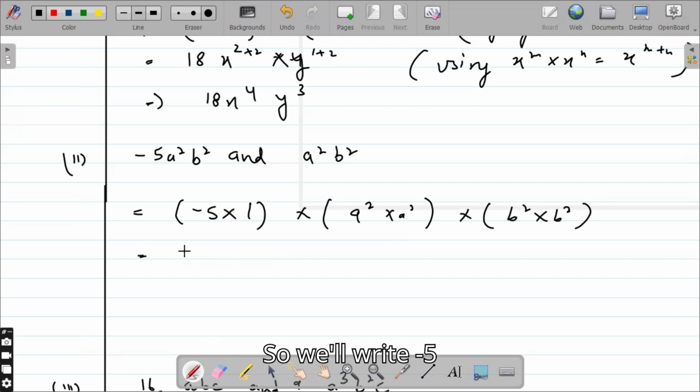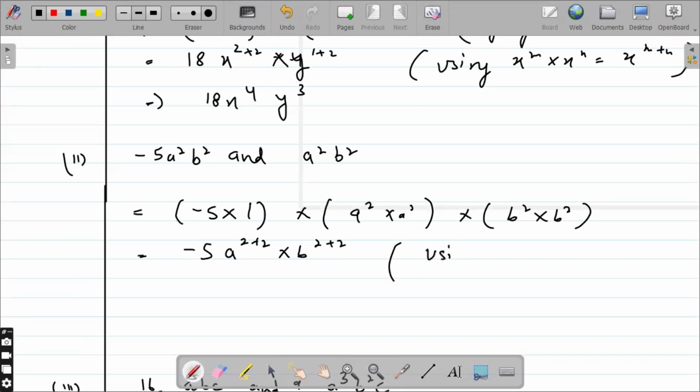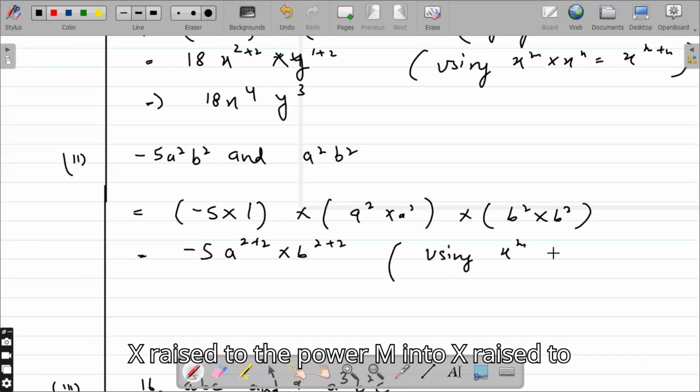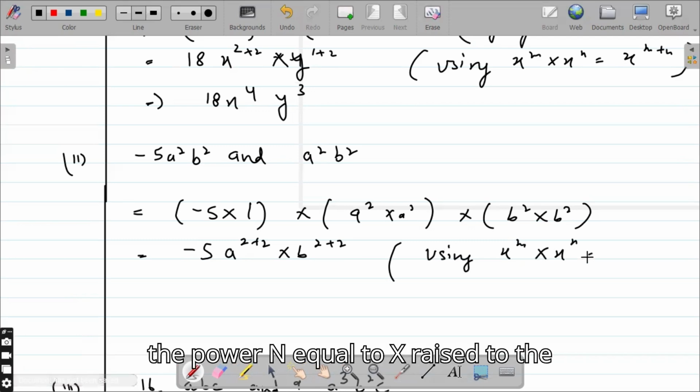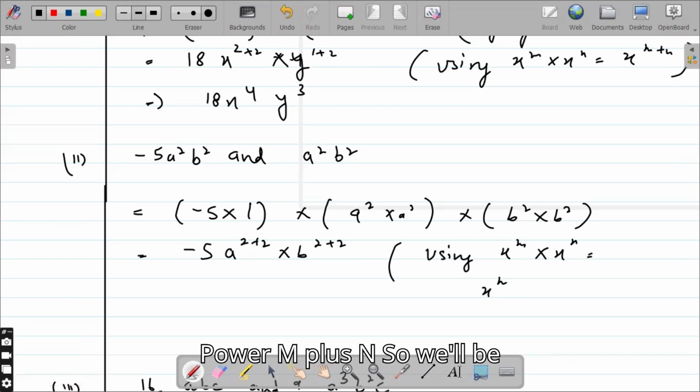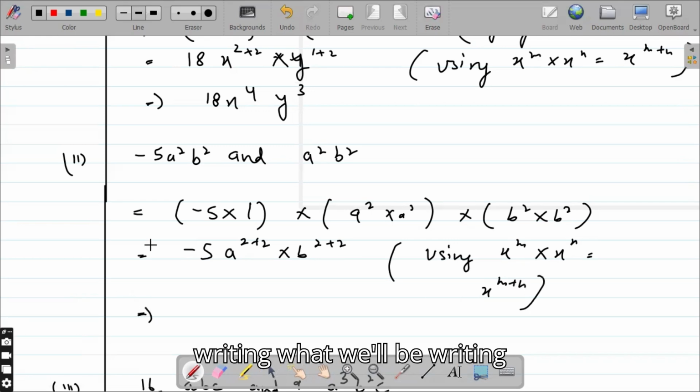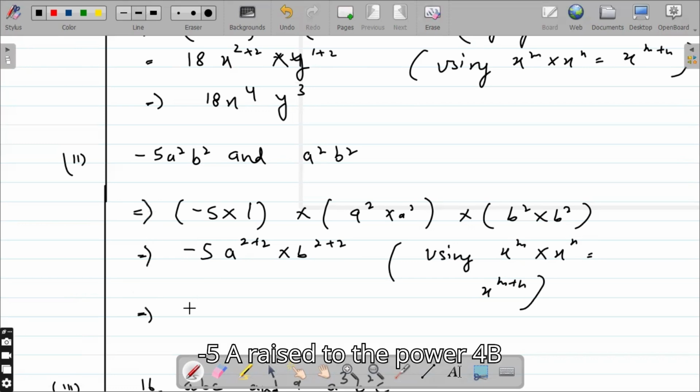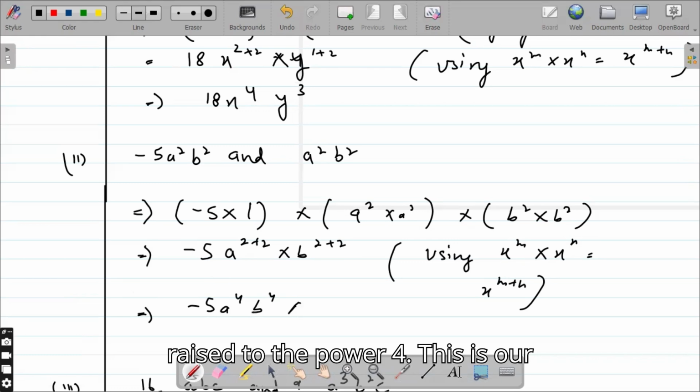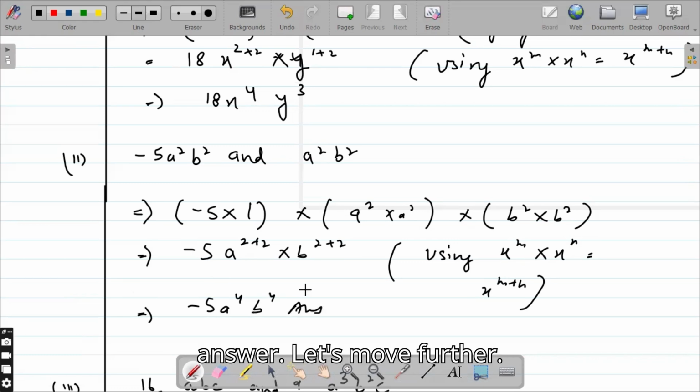So we'll write minus 5 a to the power 2 plus 2 into b to the power 2 plus 2. We'll write using x raised to the power m into x raised to the power n equal to x raised to the power m plus n. So we'll be writing minus 5 a raised to the power 4 b raised to the power 4. This is our answer.